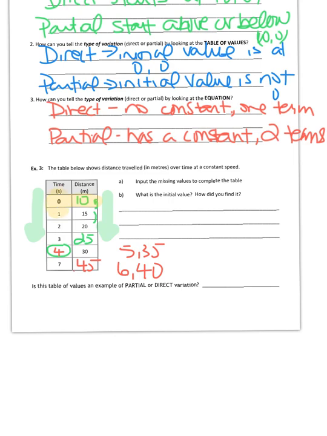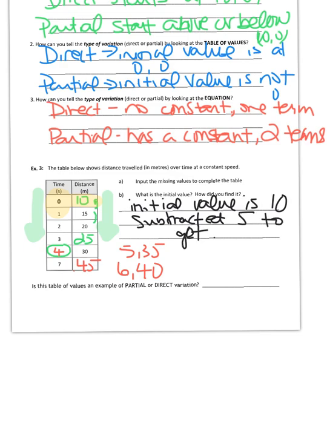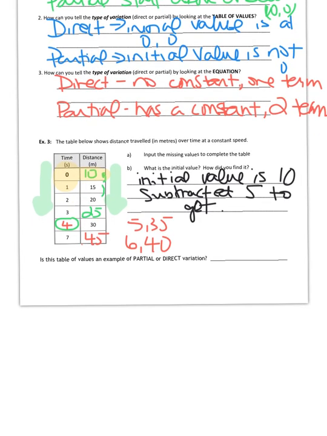Okay, so since it's not 0, 0 to start it off, then we know the initial value is 10, because when x is 0, y is 10. When time is 0, distance was 10. So initial value is 10, and we subtracted 5 to get it.